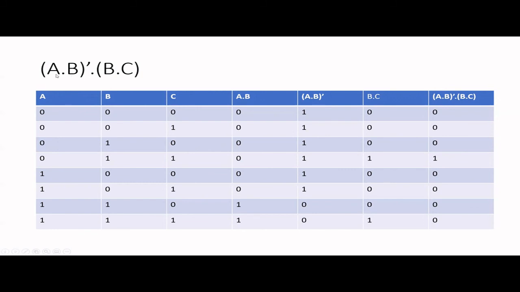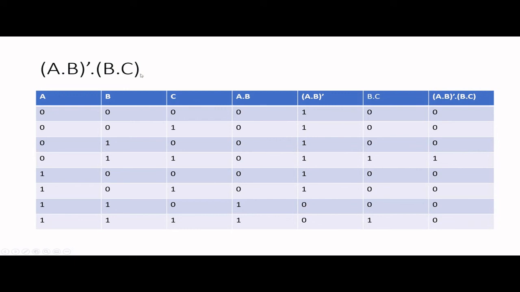And A dot B, that means A and B, right? A and B means both inputs should become 1, then only my output becomes 1. That means only in this scenario I'm getting 1s as my output. Then I'm taking the negation of it. 0 becomes 1, 0 becomes 1, like that. Only here 1 1 0 0. So this is the negation of this.